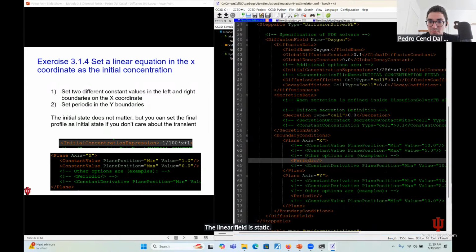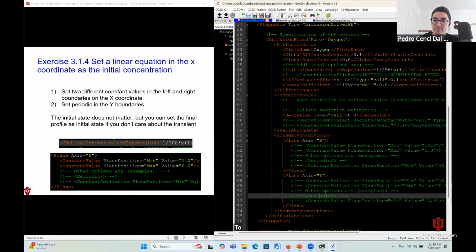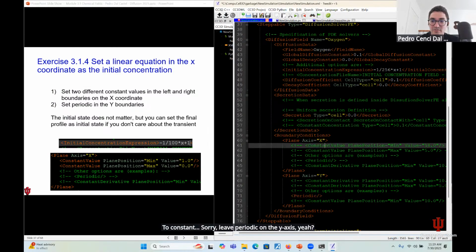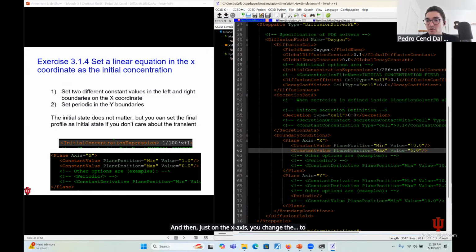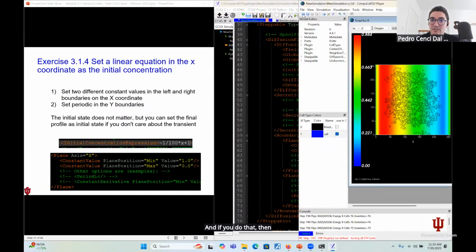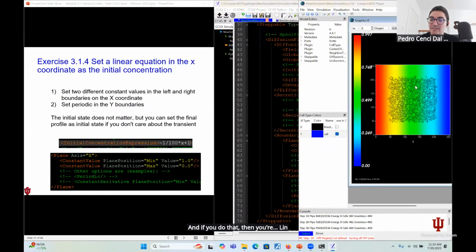So I will change my boundary conditions, leaving periodic on the y-axis, and just on the x-axis, you change to constant value 1 on the left, which is min, and 0 on the right. And if you do that, then your linear field will be static, like so.